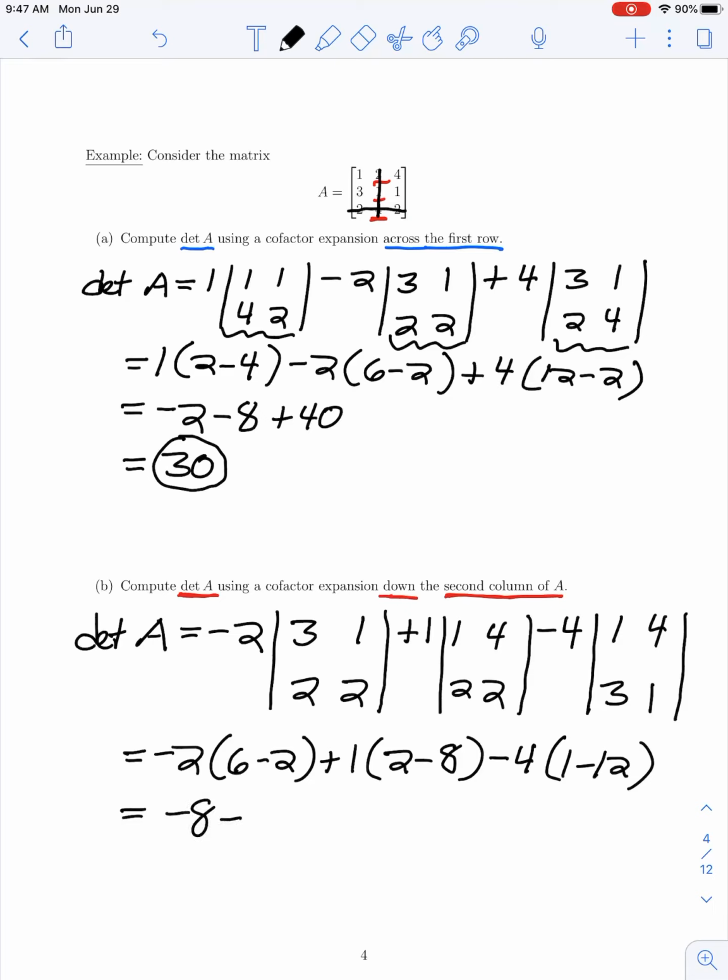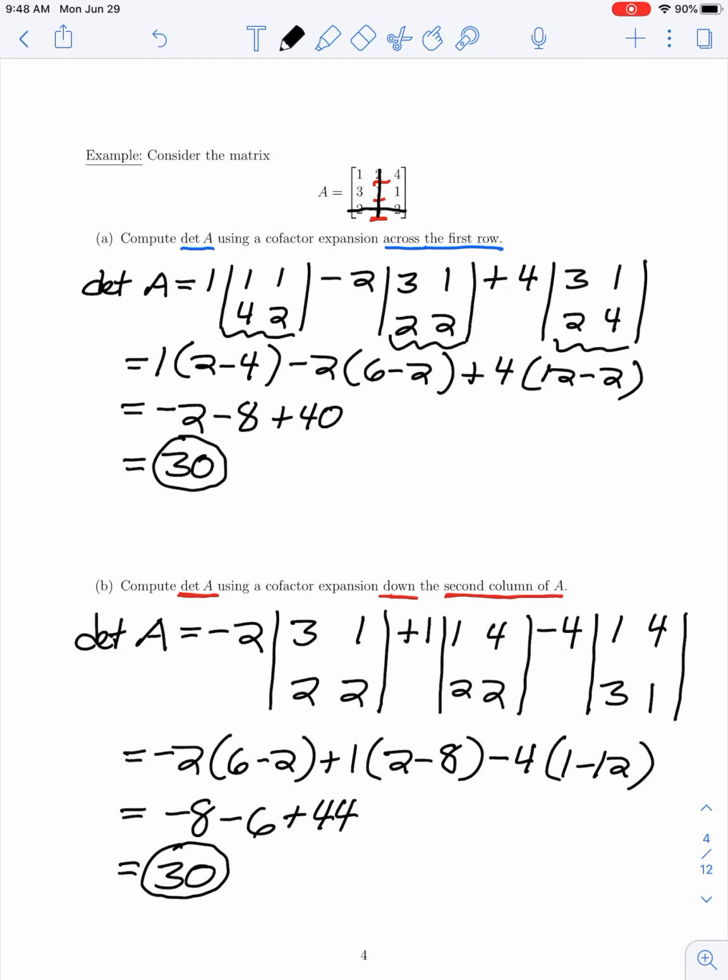A 1 times negative 6 is negative 6. And then minus 4 times a negative 11 would give us a positive 44. So 44 minus 14 leaves us with 30. So notice that we do get the same value of the determinant that we found in part A by using a cofactor expansion along the first row or down the second column.